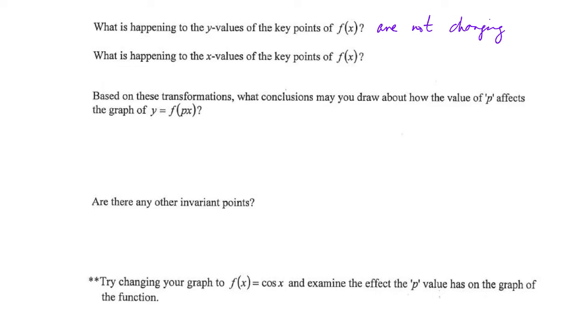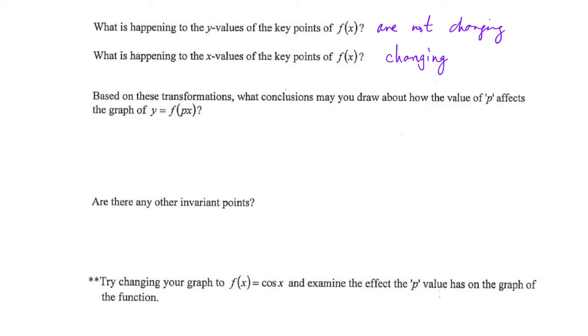My minimums are still happening at -1. There was no change. However, what's happening to the x values? They're changing now. Where my maximum occurs changes. Where my minimum occurs changes, and so on.